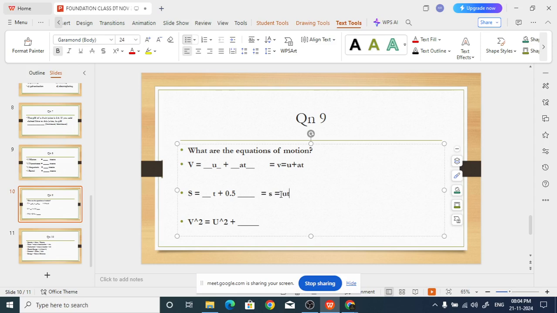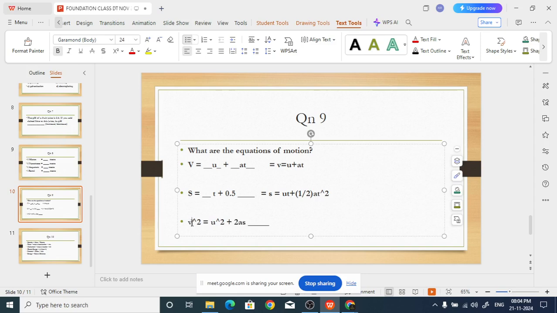I don't know whether you have studied all these things. You must have studied. Half into AT square. And V square equal to U square plus 2AS. I think you have forgotten or something.